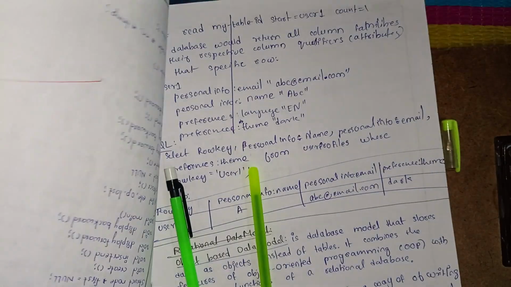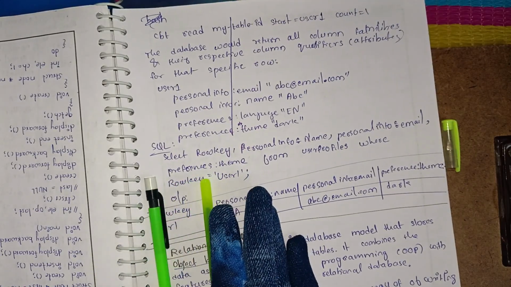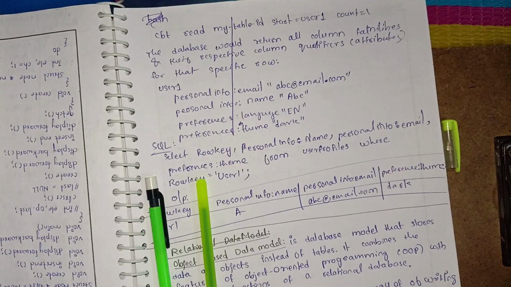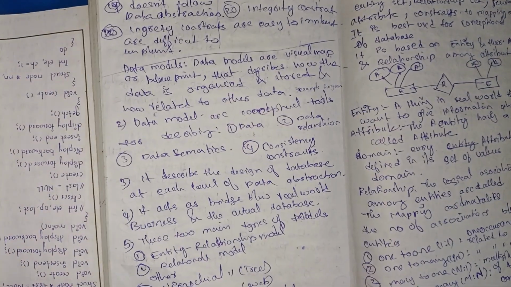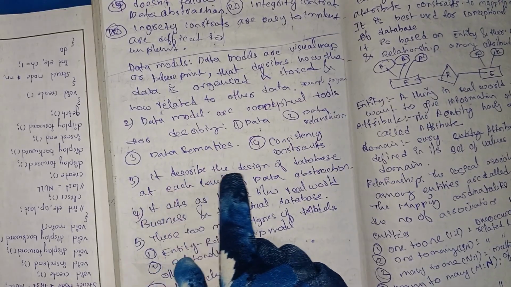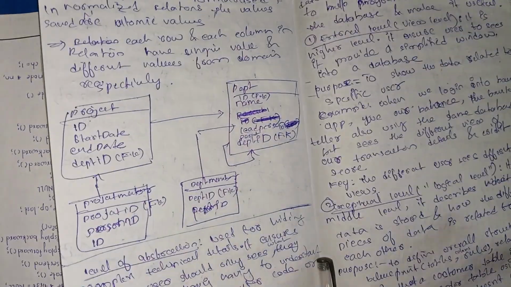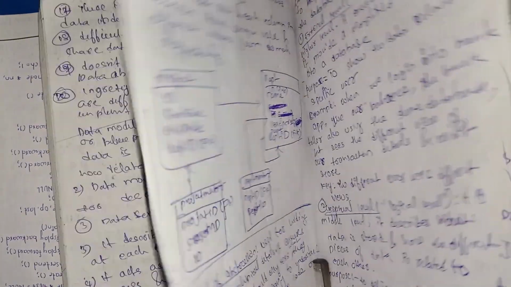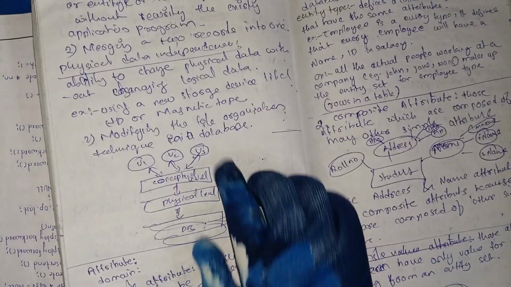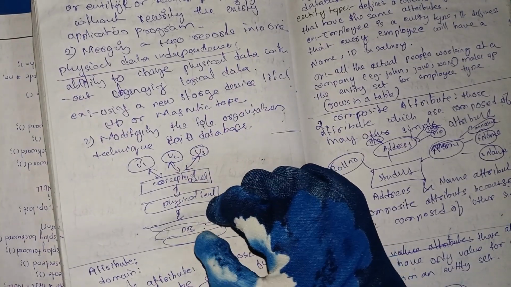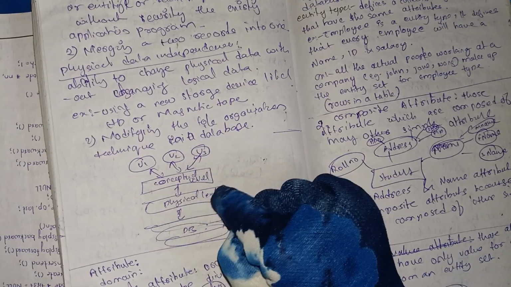Integrity constraints completed, and then the data model describes the design of the database at each level of data abstraction. These are the levels of data abstraction: external level, conceptual level, which is also called logical level, and physical level.